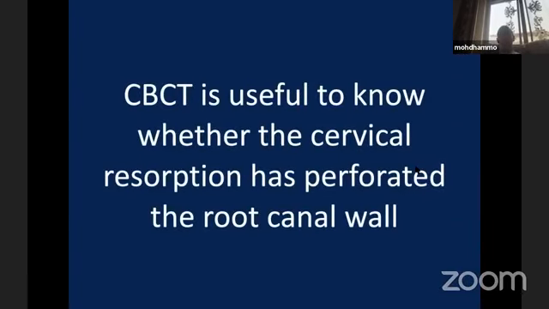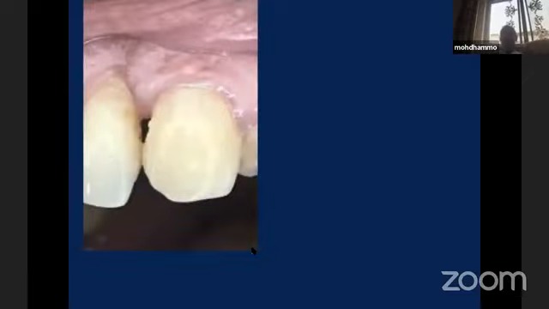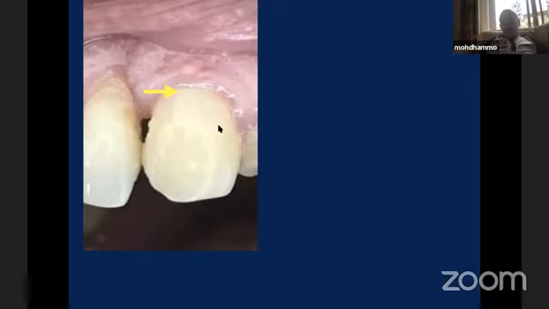Again, cone beam is useful to know whether the cervical resorption has perforated the root canal and the extent of such perforation. Like here, you will tell me, okay, we could not see anything, but we can see a slight pink spot.